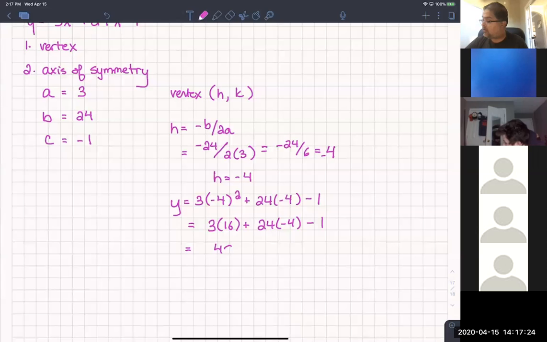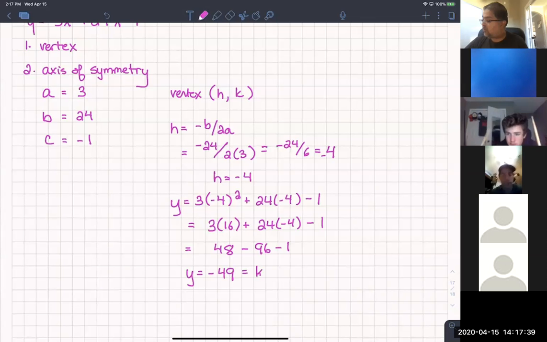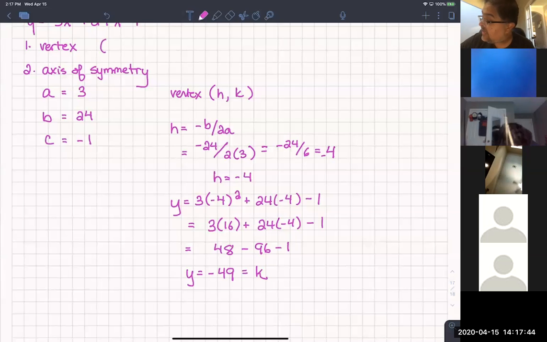Then you solve. So the y coordinate is negative 49. So my vertex is (negative 4, negative 49). And the axis of symmetry is just x equals the x coordinate.